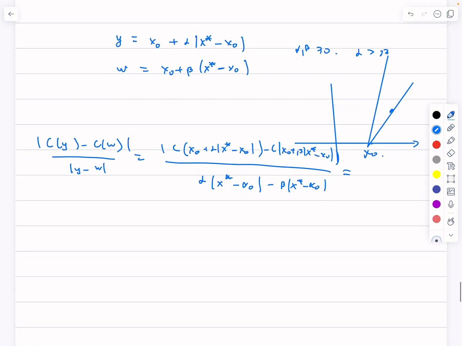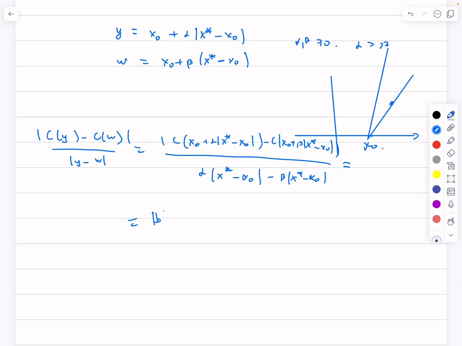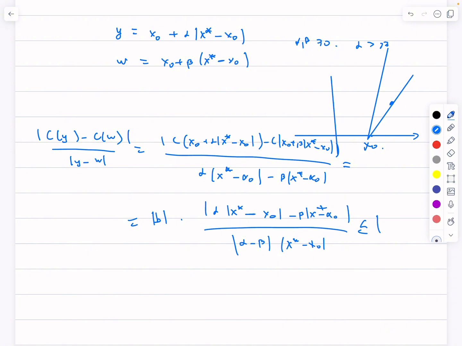So when we simplify, we get the absolute value of b times alpha minus beta times the absolute value of x star minus x0, divided by the absolute value of alpha minus beta times the absolute value of x star minus x0. So we proved that this is less or equal than b.